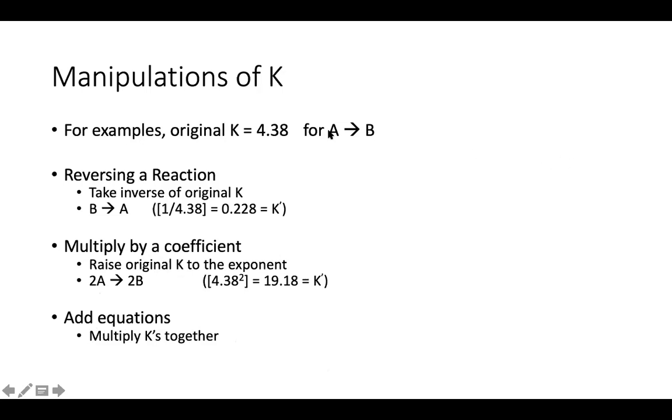If we have the equation A goes to B, and we add it to itself, A goes to B plus A goes to B, according to this third rule, we'd multiply their K's together, which would be 4.38 times 4.38, which is just 4.38 squared. So these last two can make each other make sense. No, you never need to subtract.